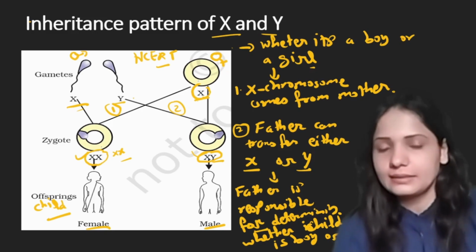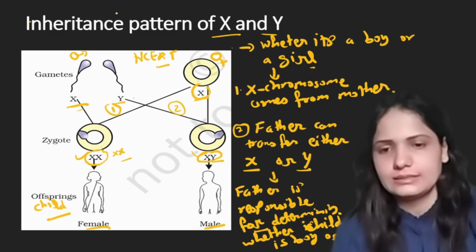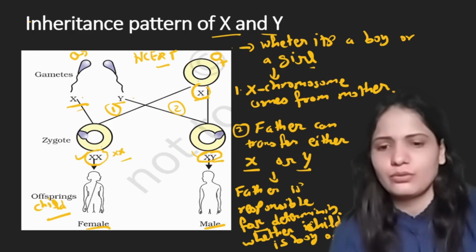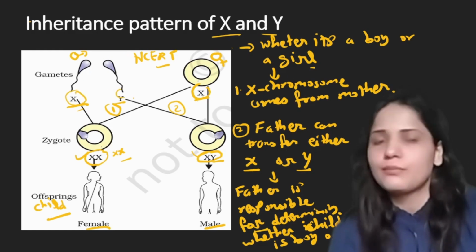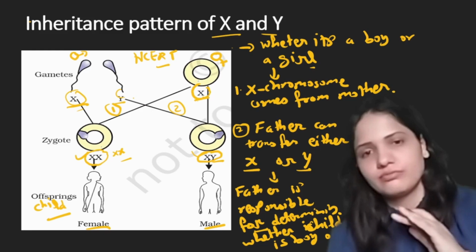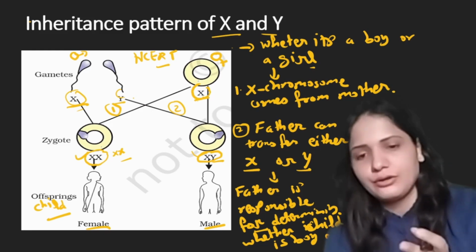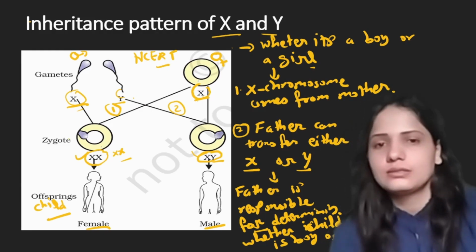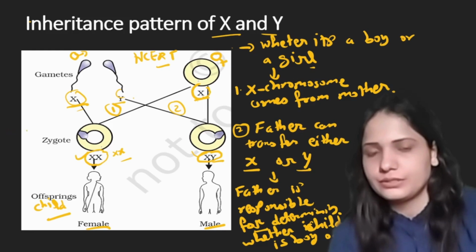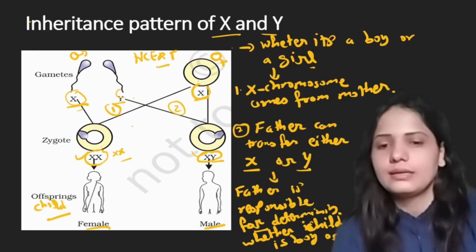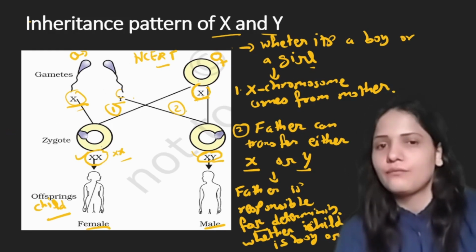Now you know this thing, and this is very easy. If you know the process of fertilization, the process of gamete formation, this is very simple for you. And to understand this, you can watch the reproduction chapter video. This is about inheritance of X and Y chromosome.